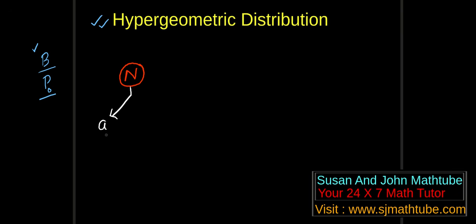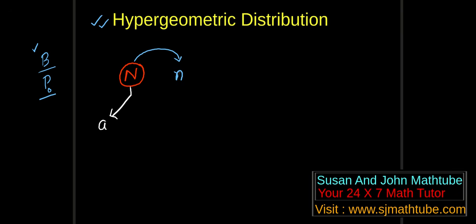You can imagine the color. Let's say out of N number of items, A are white in color, or maybe A are defective items, or A number of items has some sort of property. Out of this N, what we do is we select a sample of size small n.